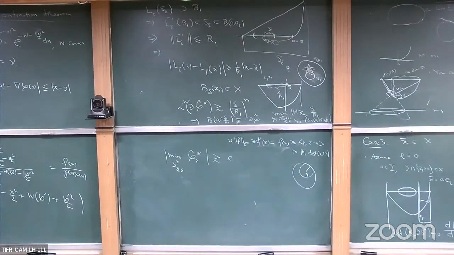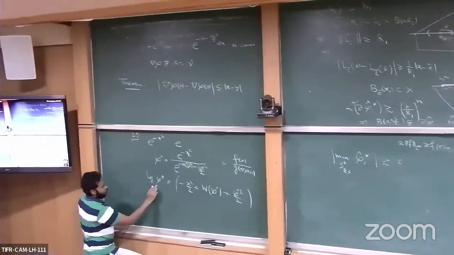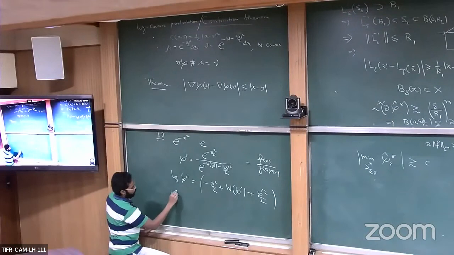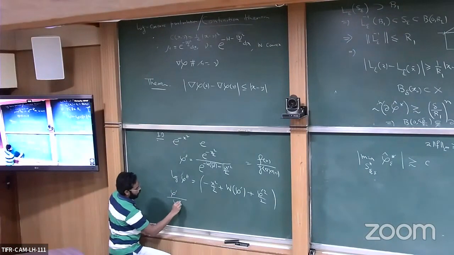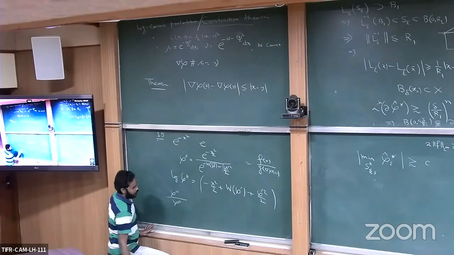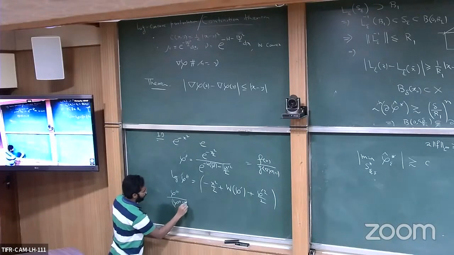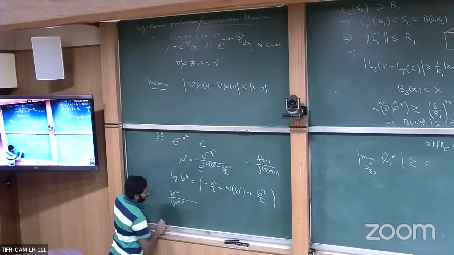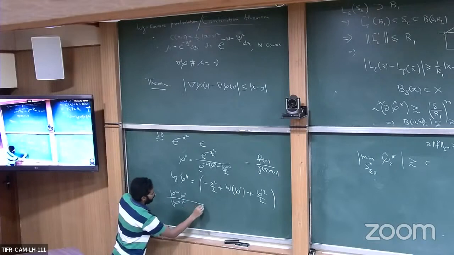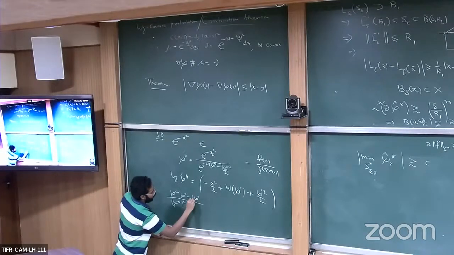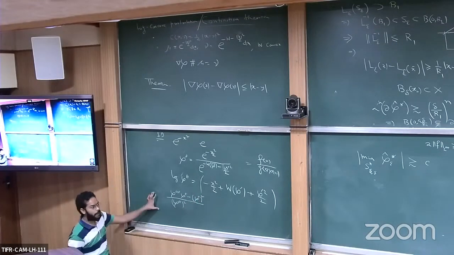If I differentiate it 2 times, the first time I will get phi triple prime by phi double prime. So if I differentiate it again, then this is the fourth derivative over phi double prime minus phi triple prime square. So this is the left hand side.